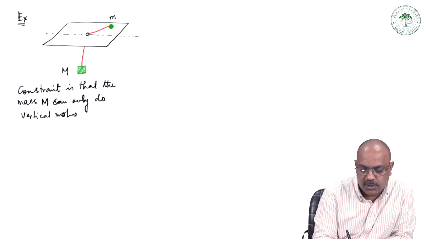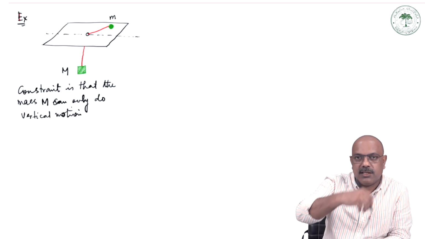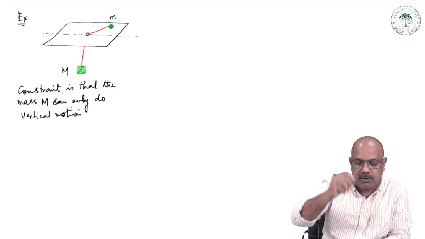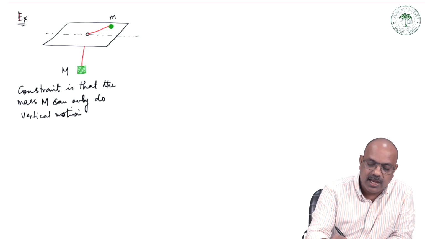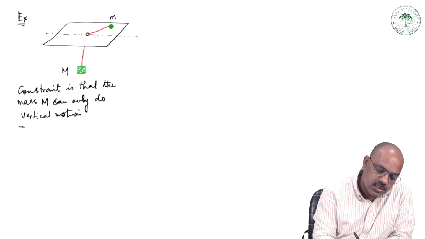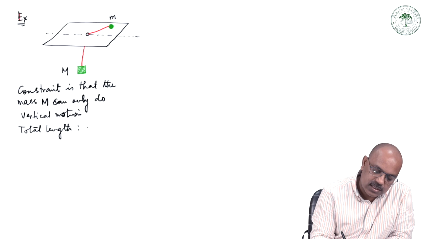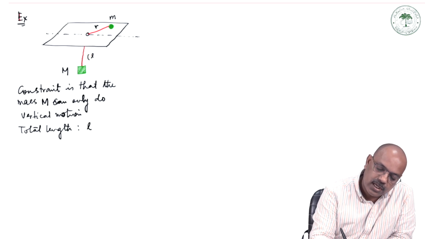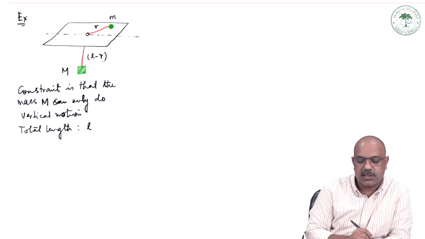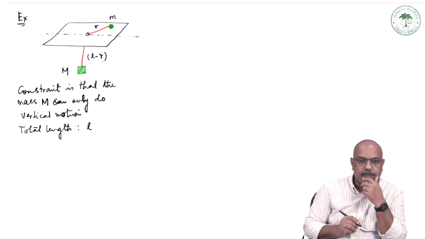It cannot move sideways, it can only go up and down. So this is the restriction. It means that if the total length of the string is L, and this part is r, then the hanging part is going to be L minus r. This is the constraint.